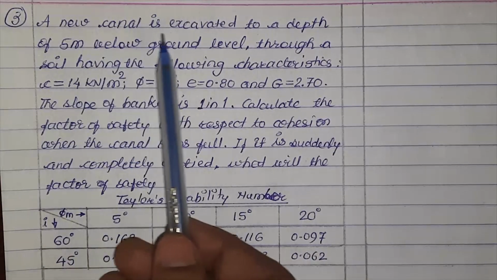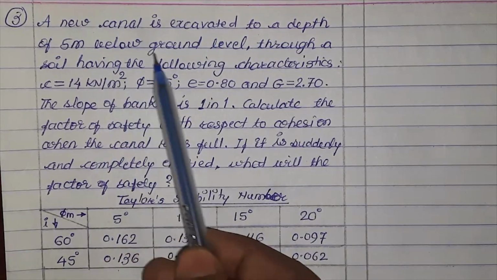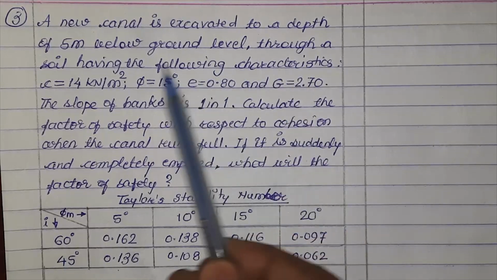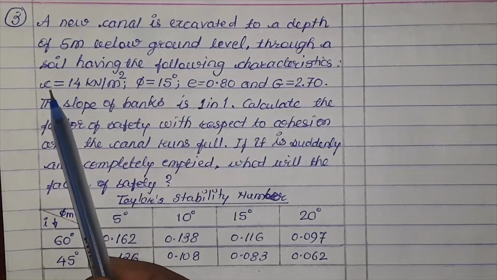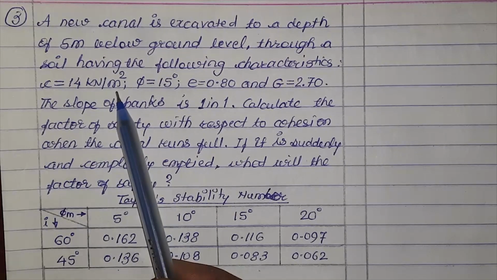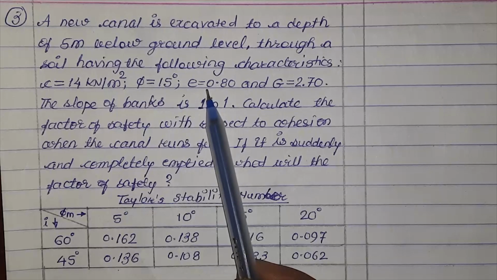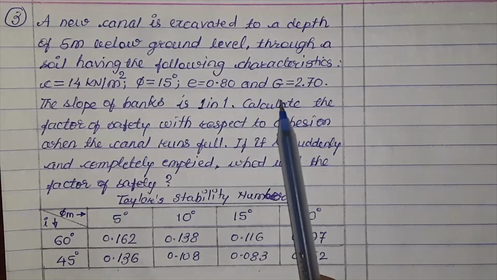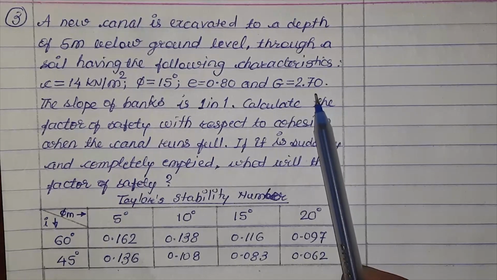A new canal is excavated to a depth of 5 meters below ground level through a soil having the following characteristics: cohesion 14 kilonewton per meter square, angle of internal friction 15 degrees, void ratio e 0.80, and specific gravity of the soil solids is 2.70.